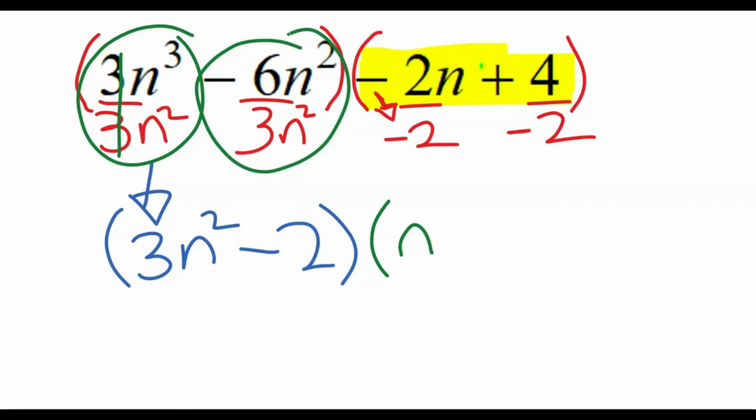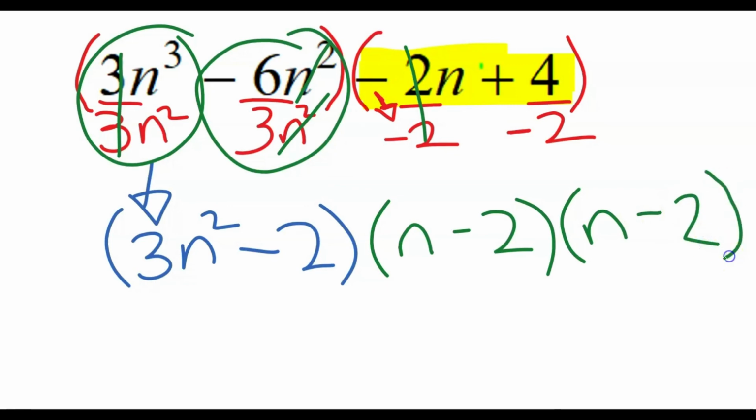Negative 6 divided by 3 gives me negative 2, and the n squares just cancel each other out. Now I'm going to look at the right hand side, and I'm going to do the same thing. I'm going to reduce these fractions. Well, negative 2n divided by negative 2, two negatives give me a positive, so I'm just left with n. And then positive 4 divided by negative, different signs, always give me a negative when I'm dividing.